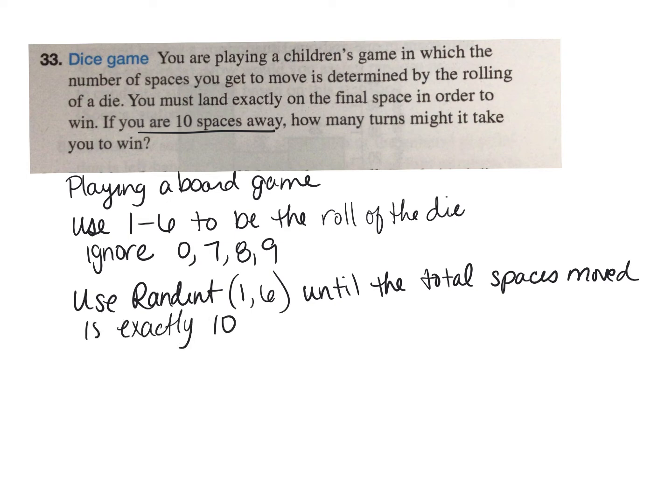You don't have to put the numbers in front. That's part of the trial, right? What I'm trying to figure out is how many numbers is it going to take me to get exactly 10. So I can ask it for 10 numbers, but that may not be enough. So I'm really just going to try to do one at a time, one roll at a time.